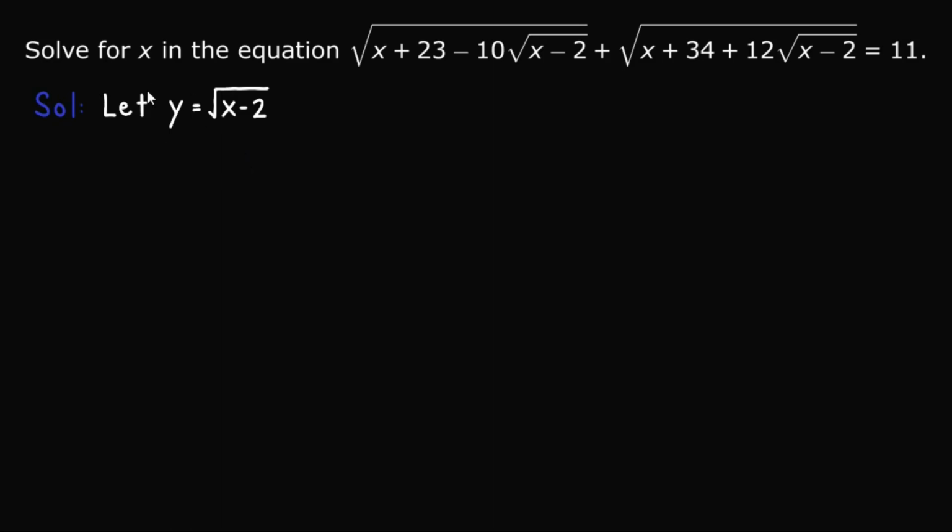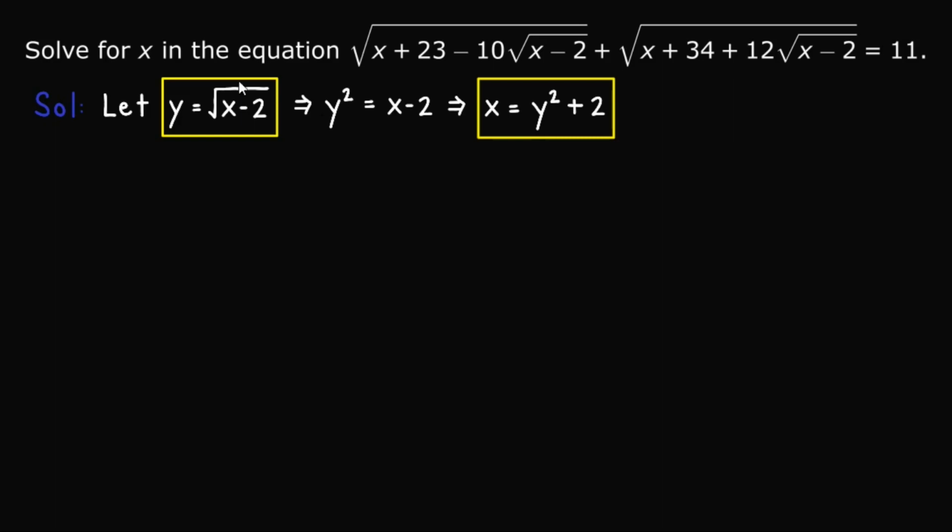Starting by squaring this one, we get y squared equals x minus 2. Then adding 2 to both sides, we get x equals y squared plus 2. So we'll be using these two to solve this equation.